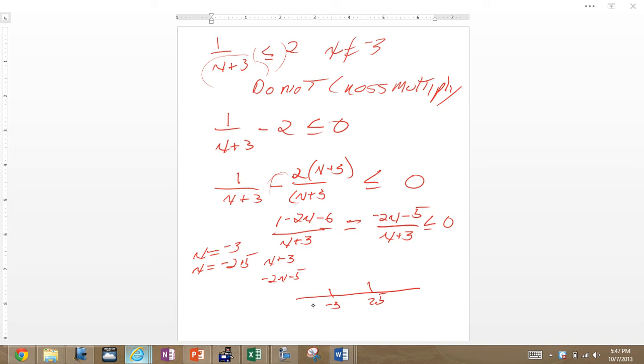Okay, so let's throw a value in there. Anything less than negative 3, like negative 10 plus 3, that's going to go negative. Now, a value in between negative 3 and negative 2.5, say negative 2.75, negative 2.75 plus 3 is going to go positive, right?